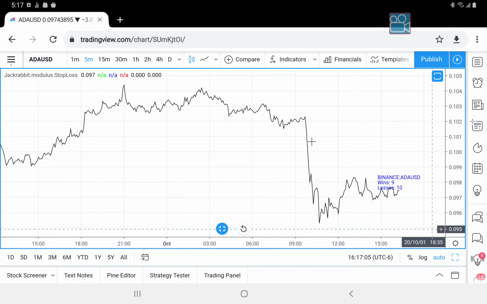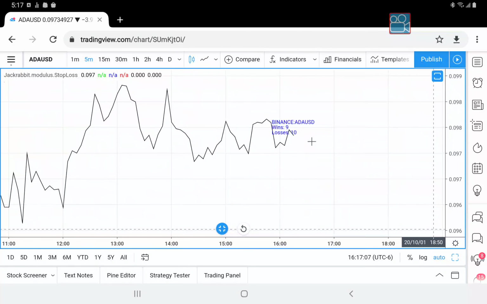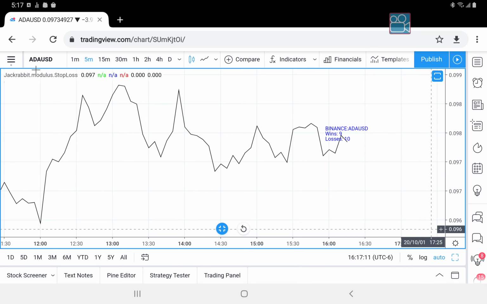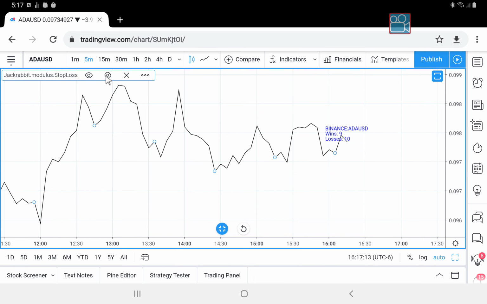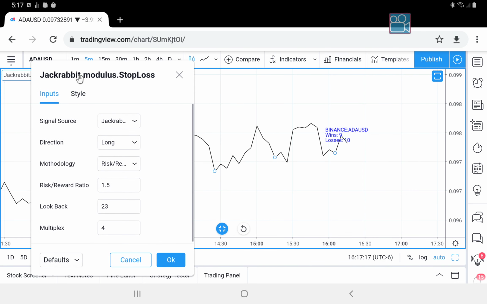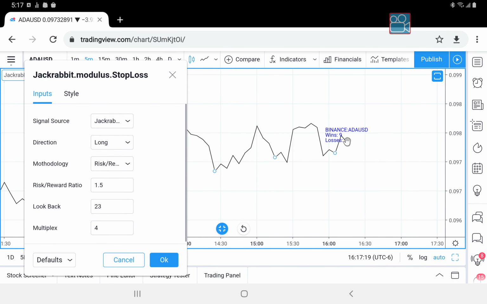Let's blow this up nice and big. Okay, while you are testing, now this will probably be a win because we have a 1.5 to 1 ratio, but you can do the following.